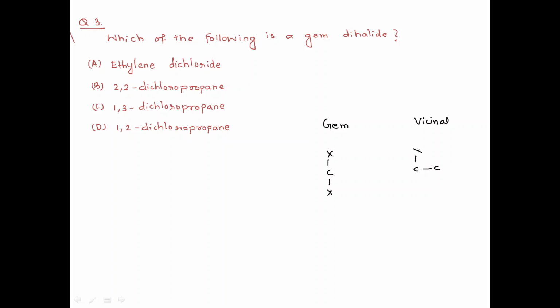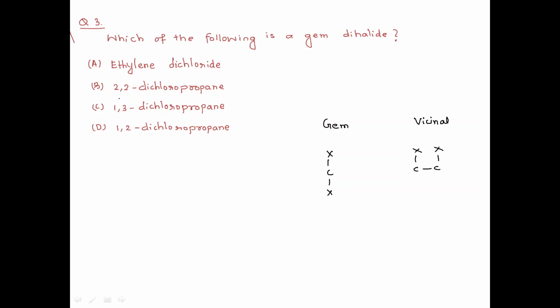And if the groups are on two adjacent carbons, then that is called vicinal. So gem means two same groups on one carbon, but vicinal means two groups on adjacent carbons. That is the meaning of vicinal and that is the meaning of geminal or gem.